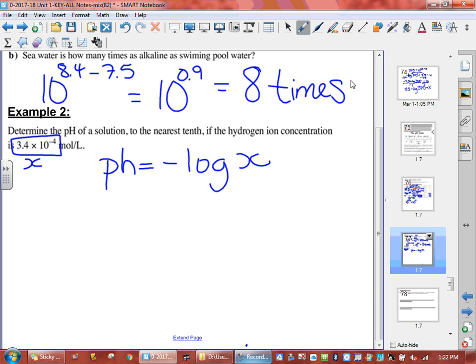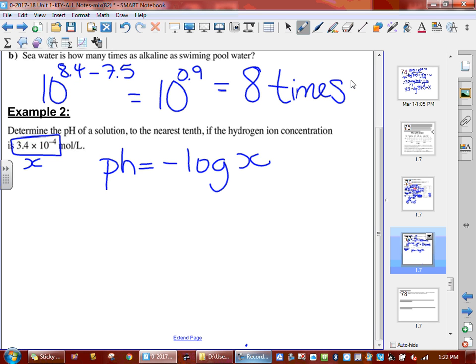Make sure you round to 1 decimal, because we're looking for the answer as pH. So what are we going to get for pH here? 3.5, yeah. So the pH equals 3.5.